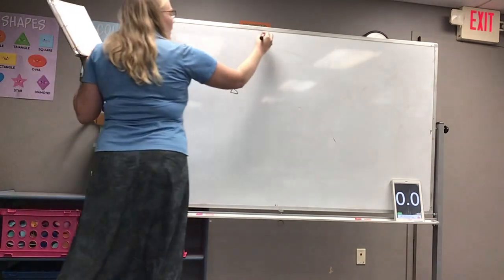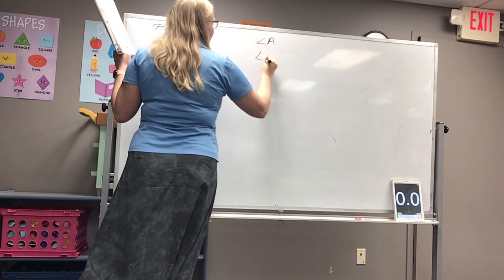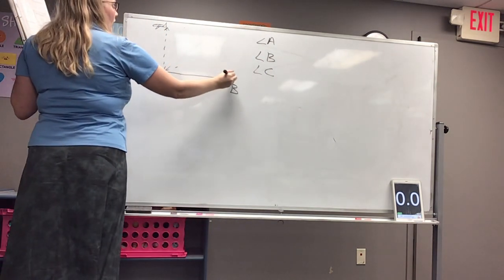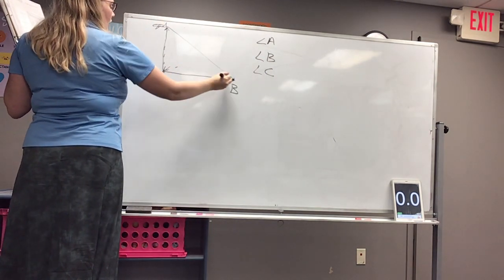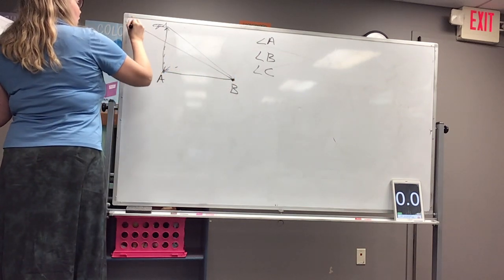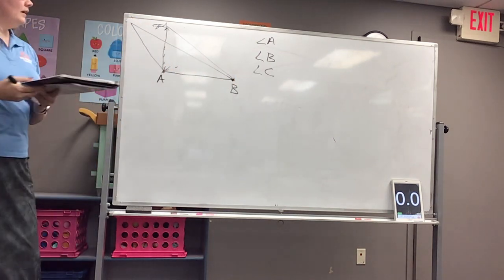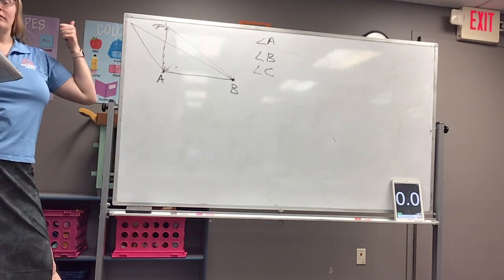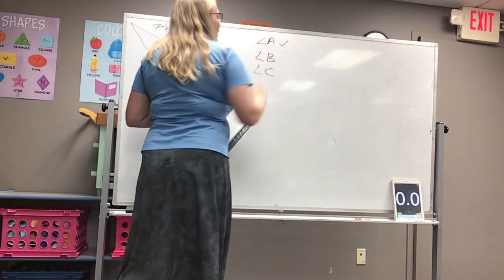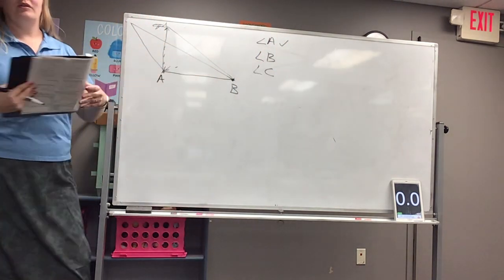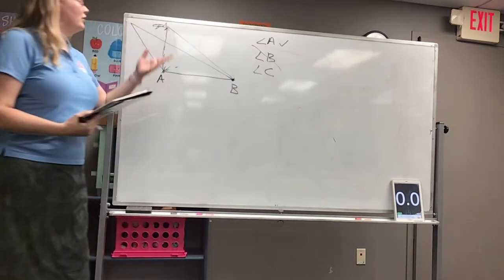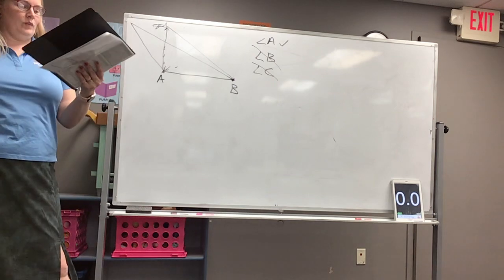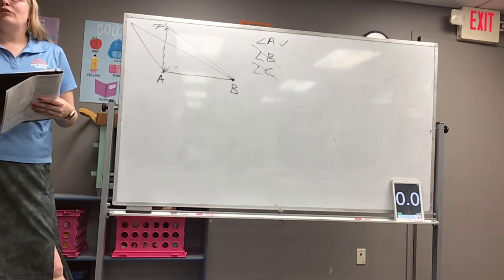So, angle A, angle B, angle C. As our airplane flies, it's going to go this direction. Is angle A going to get bigger compared to where we started? Yes. Is angle B going to get bigger? Is angle C going to get bigger? And that is our answer. Angle A only, the first one only.